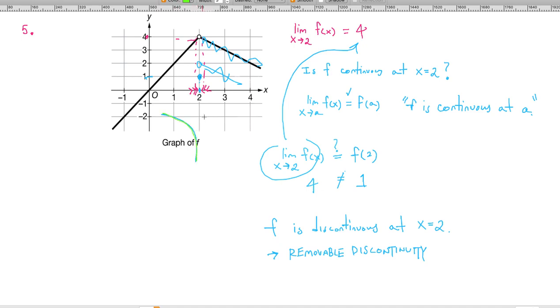Here you have something like that, where the function isn't even defined, or maybe it is, but you have your vertical asymptotes in some regard. That's the infinite discontinuity. This one here, if I had f being this line right here, and f being this original black line, that would be a jump discontinuity. And then the one that we actually have in this original problem is a removable discontinuity.